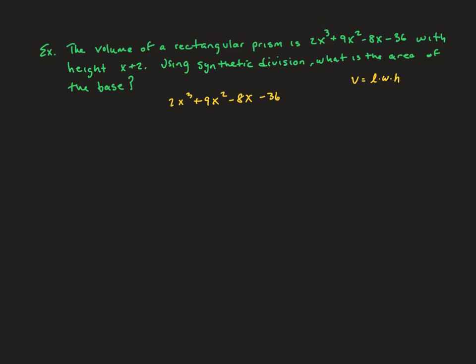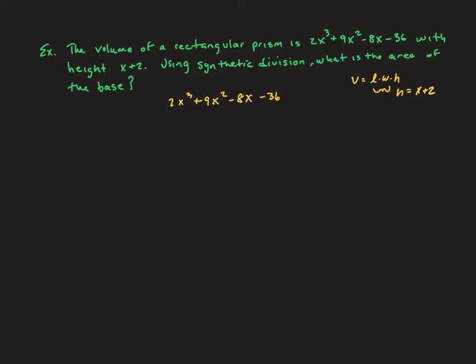So that's actually three factors that we have there, but they're giving us the height. And they're telling us my height is going to be equal to x plus 2. And it says using synthetic division, what is the area of the base? Well, the area of the base is going to be these two multiplied together. So that would be the quotient. That would be what's left over in my division problem.